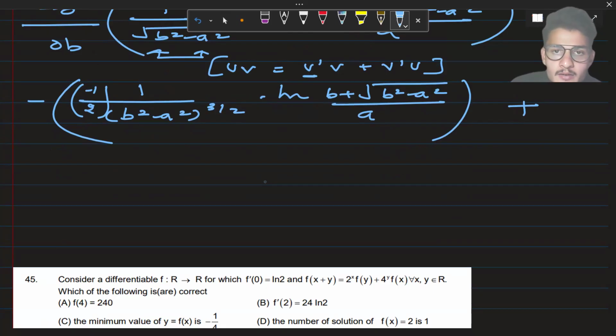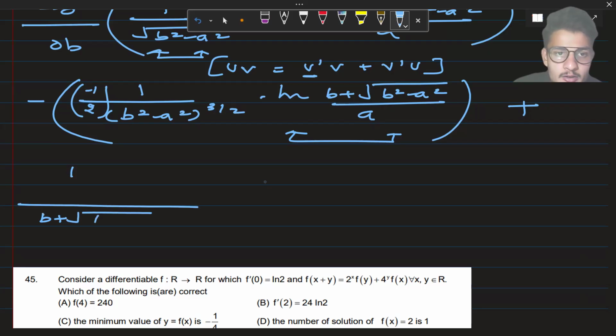So what will be the differentiation of this? The differentiation will be 1 upon the whole part, which goes in the denominator. This is composite function differentiation. Now, this one should also be differentiated with respect to b. So this will be differentiated and we will receive 1 plus 1 by 2 root over b square minus a square into 2b.